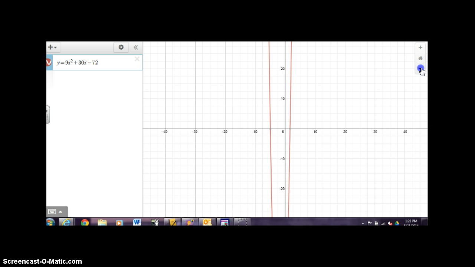All right, so I've graphed the function, and I'm going to just zoom out to see what happens here. It looks like something's going on here at -1, and the question is, is that a solution or not?